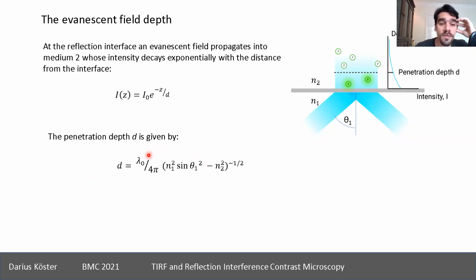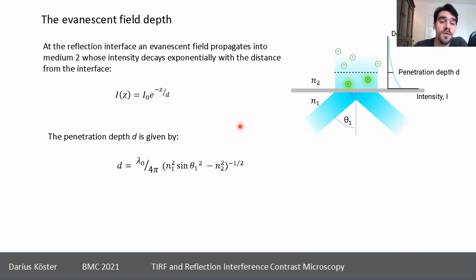The penetration depth can also be calculated. It depends on the wavelength of the incident laser, it depends on the refraction index, and it depends on the incidence angle. So in fact, for any angle you choose, you will change your penetration depth a little bit. That's important to be aware of when you're setting up your microscope, that you always use the same angle with the same conditions.